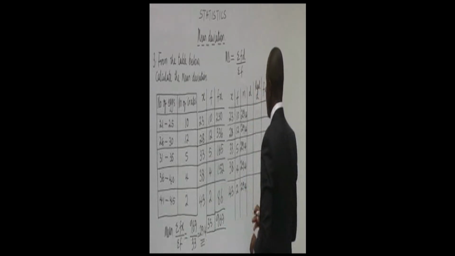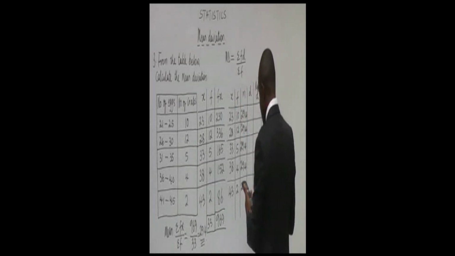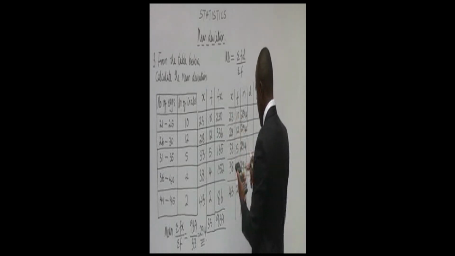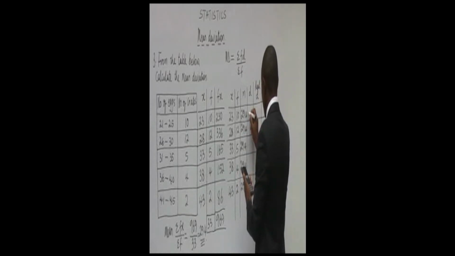Now the deviation. Deviation is X minus M. So we're going to use our calculator and do it fast. 23, which is the X here, minus 29.4, is minus 6.4.